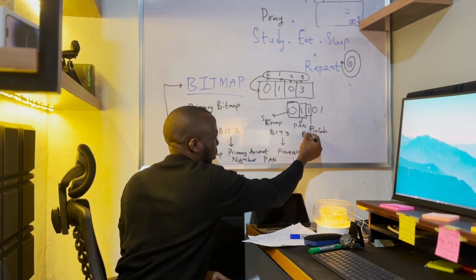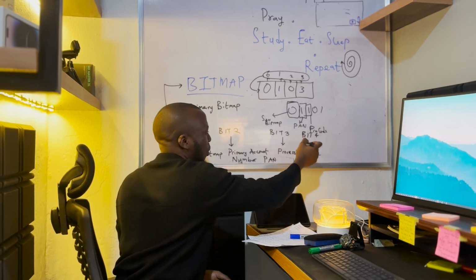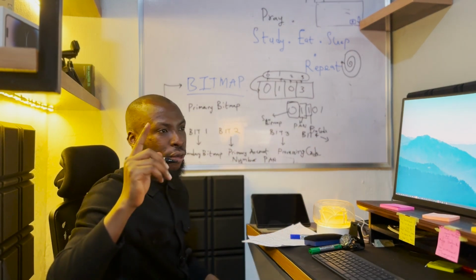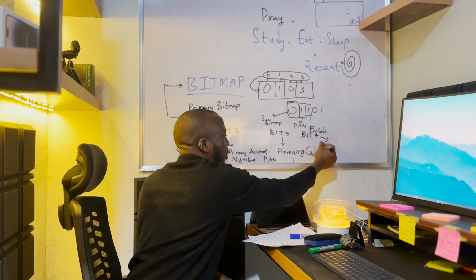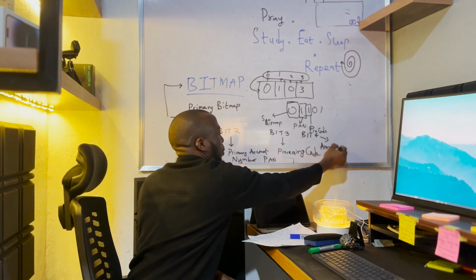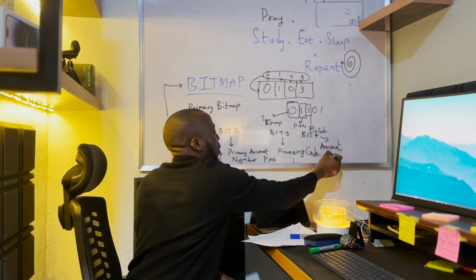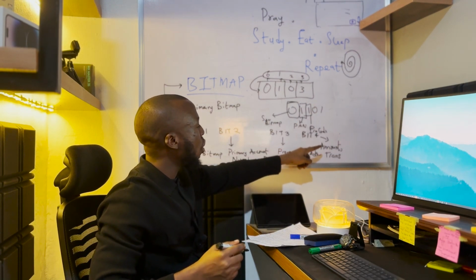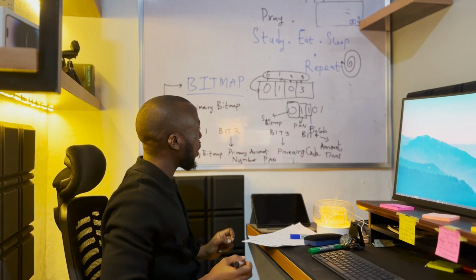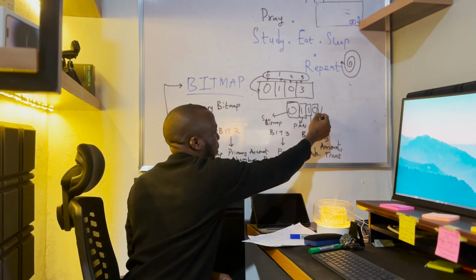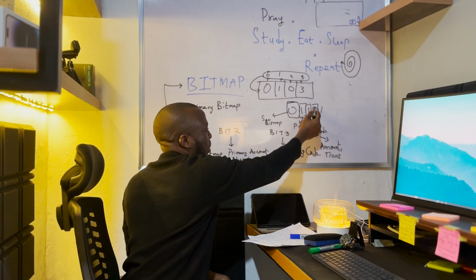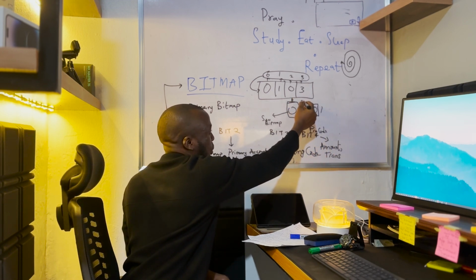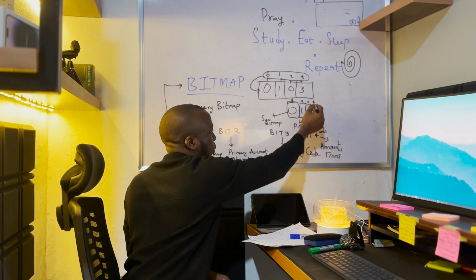And let's look at the next one. That's bit 4. Bit 4 usually contains the amount of the transaction. So in our case, this is our bit 4 or field 4, if you will. This is our field 1, field 2, field 3, and field 4.